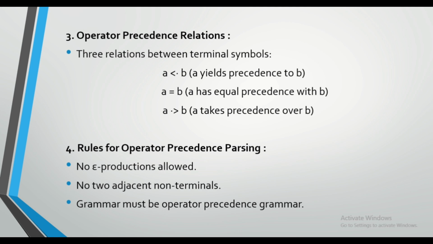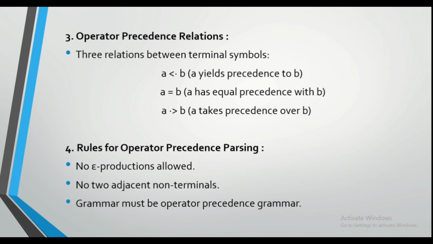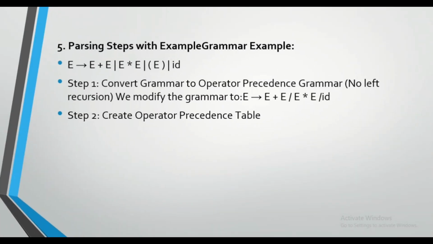My next slide is parsing steps with a sample. Here is an example of parsing steps. If we see the given grammar, E gives E plus E, E multiply E, parenthesis E, and ID.